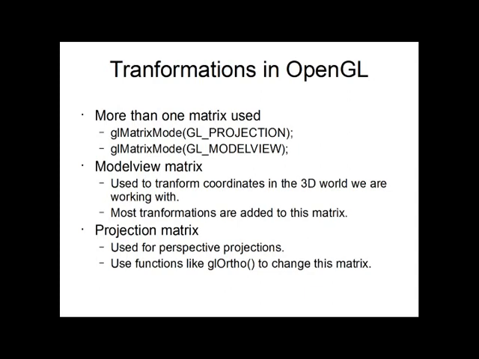So we have two different matrices in OpenGL that we're using in this way. We're usually just going to look at, for starters, just the model view matrix. We'll look at the projection matrix later on when we look at the camera in better detail. The model view matrix is basically everything that has to do with position and orientation in the 3D world.